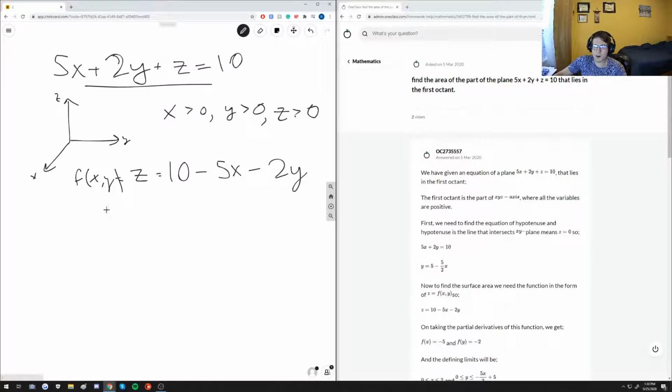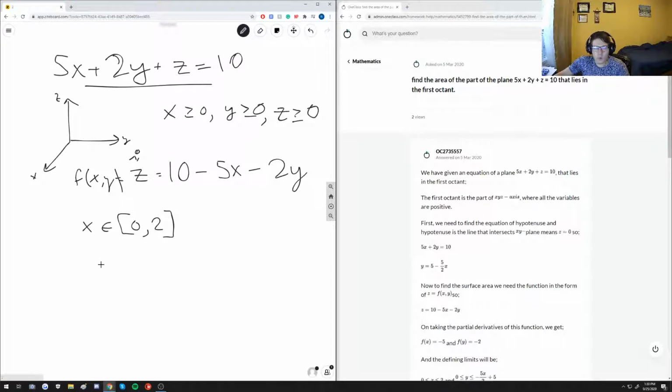So let's say our x is constant, right? In order for z to be greater than, or I guess greater than or equal to 0, because if we are at this point here, it's still in the first octant, to satisfy this condition, we have to say that x is an element from 0 to 2. So these are the bounds on x.